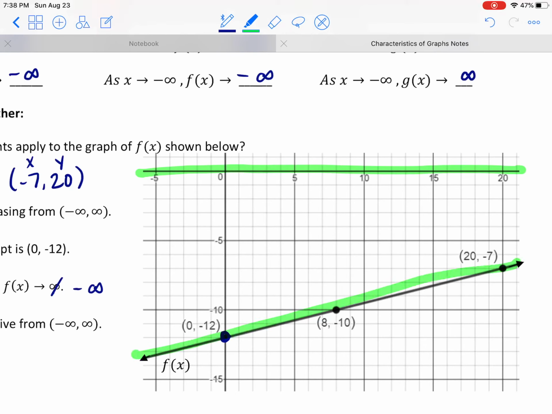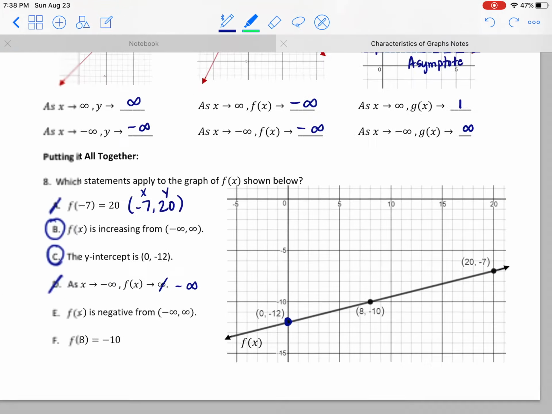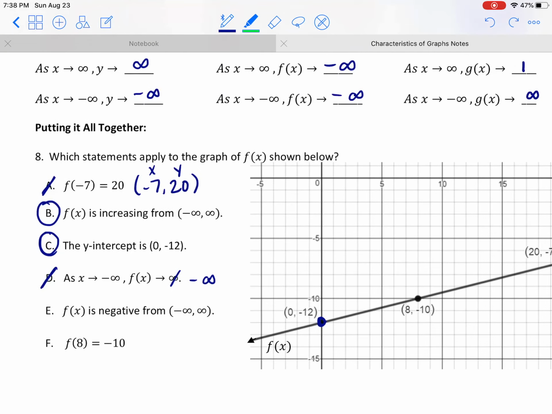The entire picture is below, but what's going to happen eventually if this graph continues to rise is eventually it will cross over. So we cannot say over its entire domain from negative infinity to infinity that the whole thing is going to be negative, because eventually it will go above the x-axis.